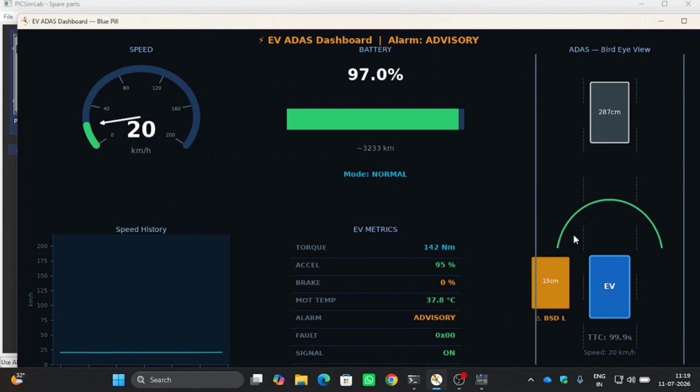It is a visual representation of the left vehicle hitting our vehicle, and the alarm shows advisory. We can see here the speed increases because the acceleration increases and brake is 0, and SOC decreases because of the speed. When the speed increases, the battery decreases.